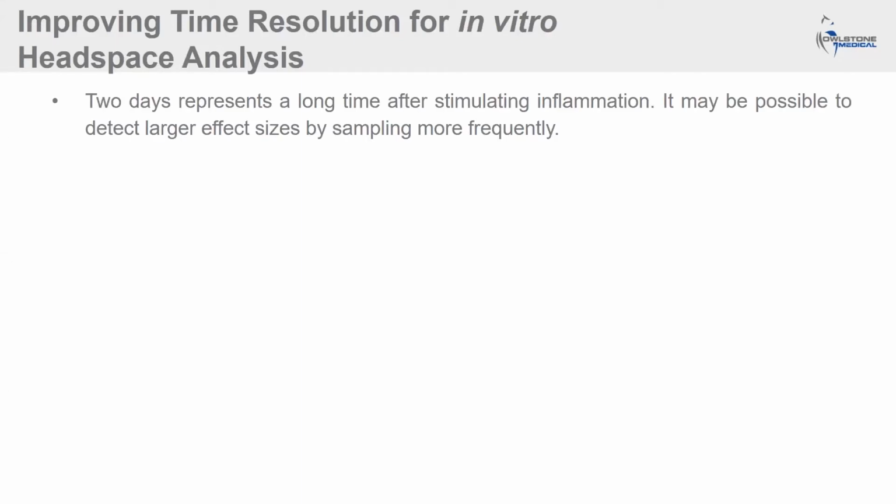However, 2 days is a pretty long time after stimulating the samples. So it can be that if we look at an earlier time point, we might see maybe a larger effect size. Therefore, we decided to look if we can create a kind of 3D in vitro model where we could sample over time, or we could sample the headspace more frequently.